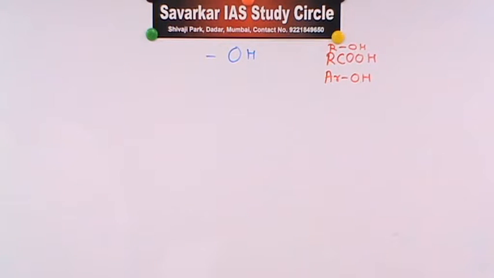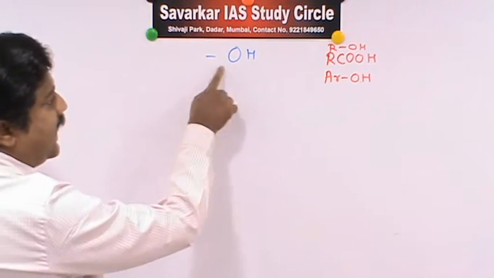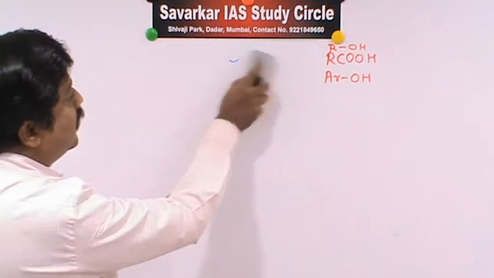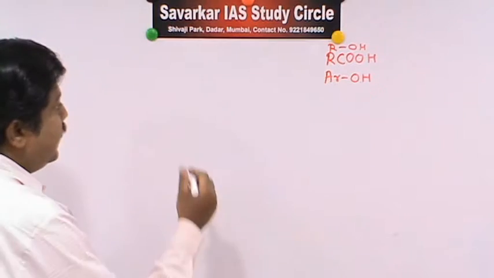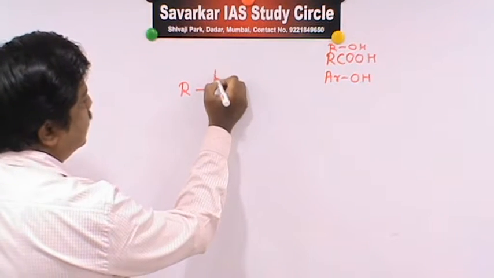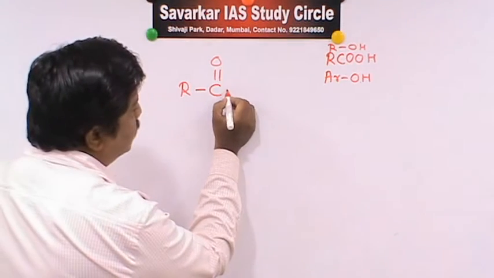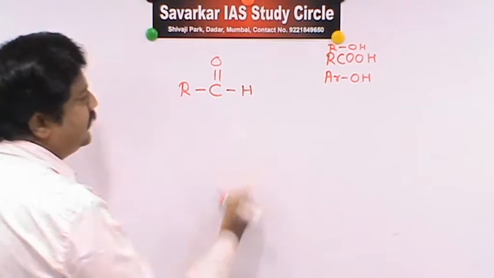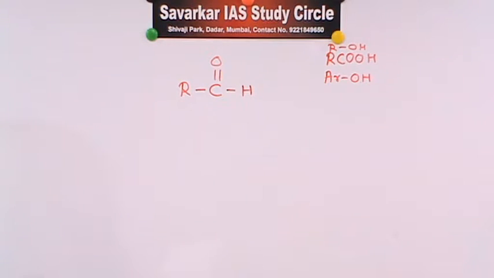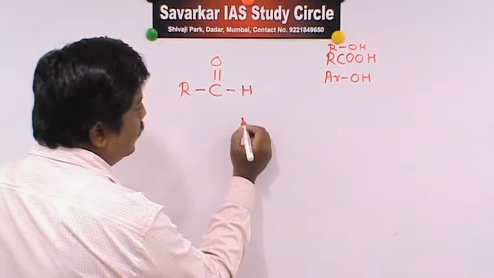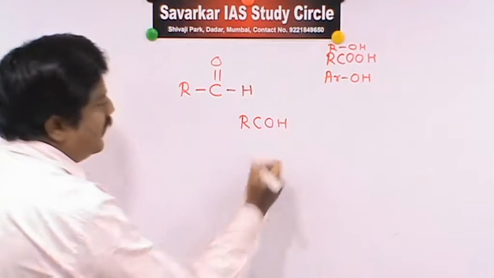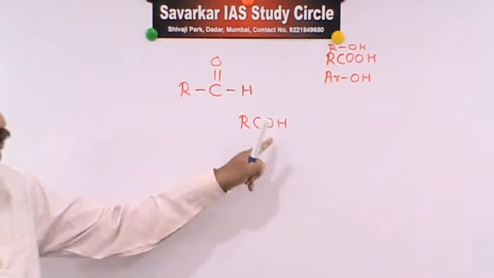Now in chemistry we discussed in the previous lecture that the structural formula is something different and the chemical formula is something different. Now we are talking not about the OH group directly, but a compound involving both O and H. Let me clarify. It is R, C, you are aware this is a double bond O. Till there it is alright, but here I am mentioning H. Instead of OH we have written H. But if you write a formula this way, you will feel that an OH group is present.